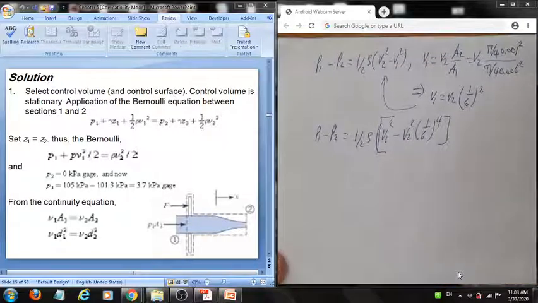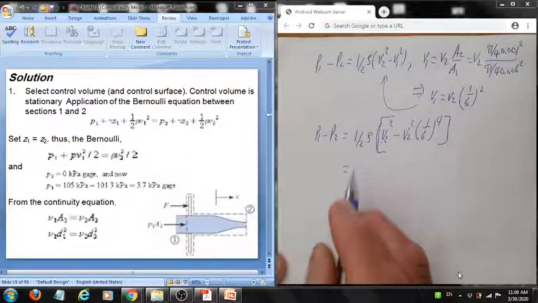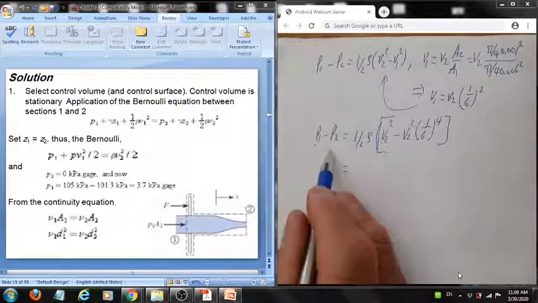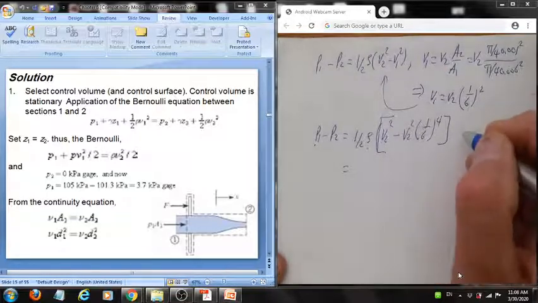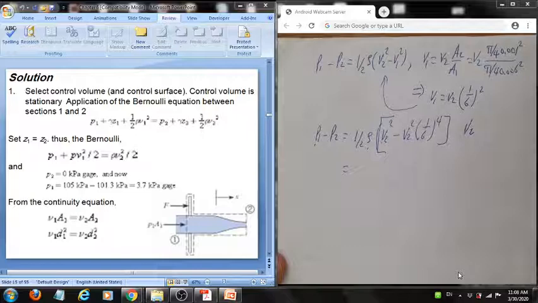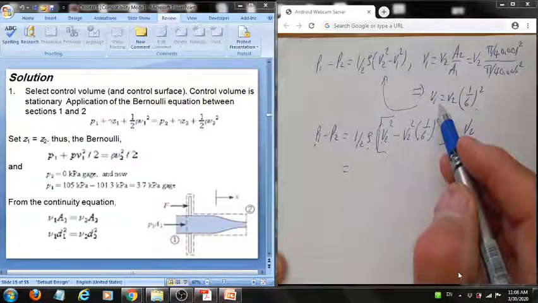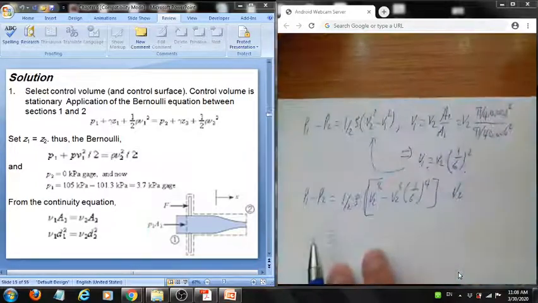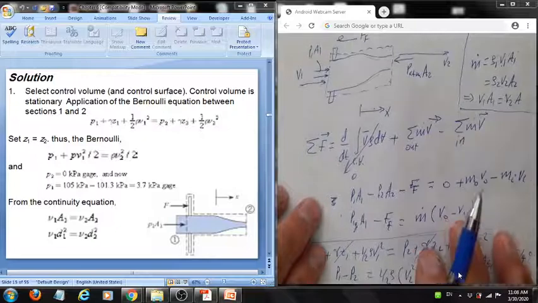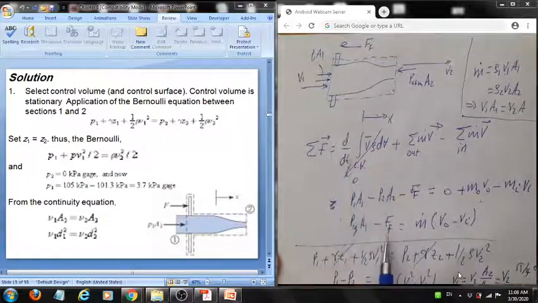So now in this equation we can solve for V2 by knowing P1 and P2 and given the density. So we have solved for V2. If we have solved for V2, we can find V1 from this equation, and then we go again to the momentum equation to solve for the force required to hold the flange or the nozzle stationary.